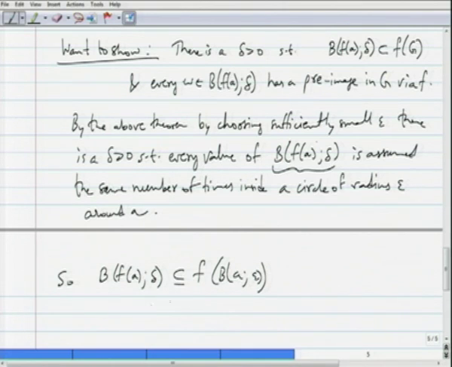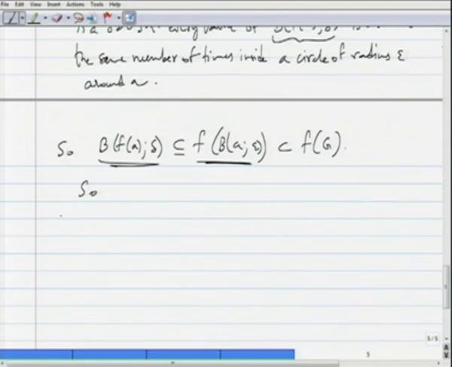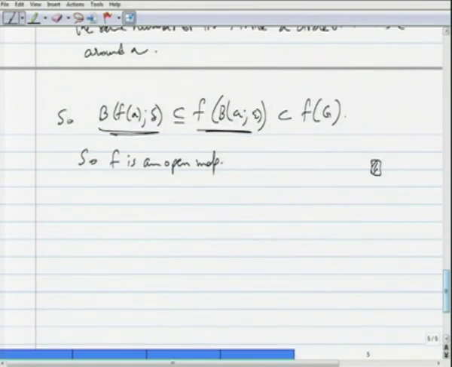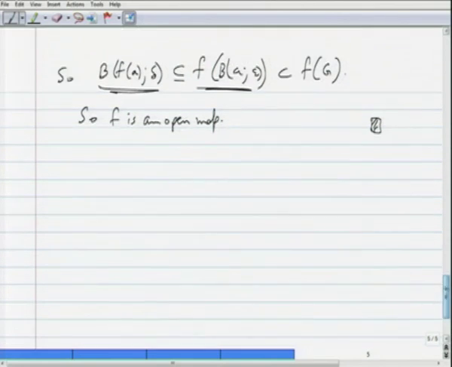So, this is the point, and then this is contained in f of G. So, f is an open map. So, that completes the proof of this theorem, and that is a very important result. We will see that the maximum modulus principle follows as a consequence.